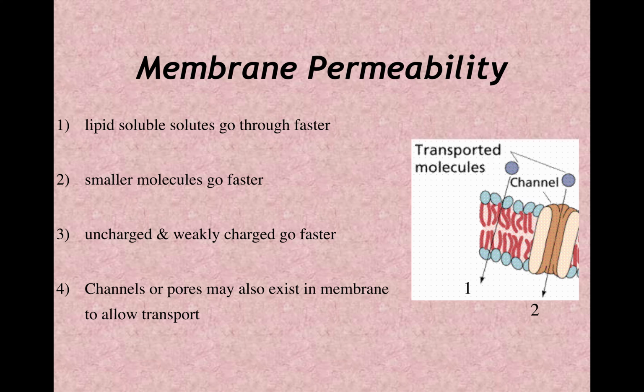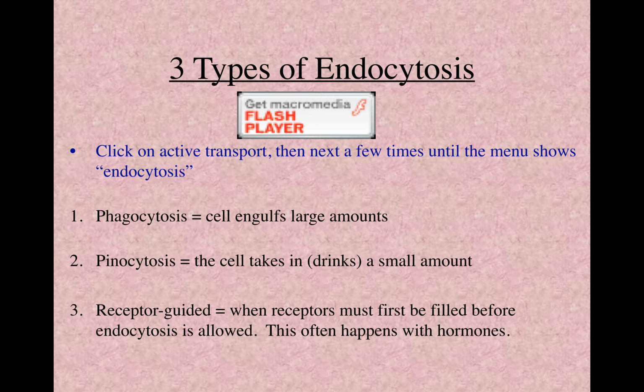So I talked about these three forms of endocytosis, and they're really important. Phagocytosis, cells got to eat. Pinocytosis, sometimes the cell has got to drink, bring in small amounts of liquids, etc. Phagocytosis, I think you should think of a white blood cell because when you watch it attack germs, it will literally reach out and grab them.